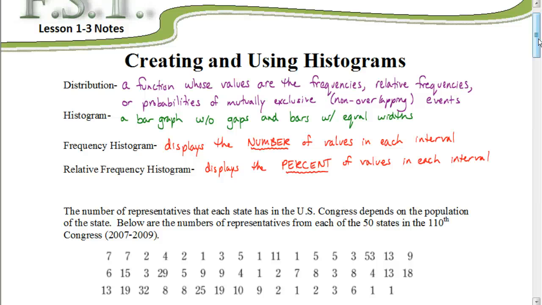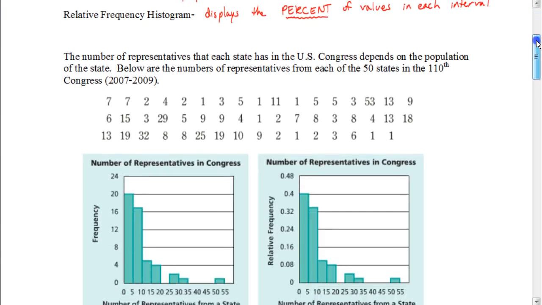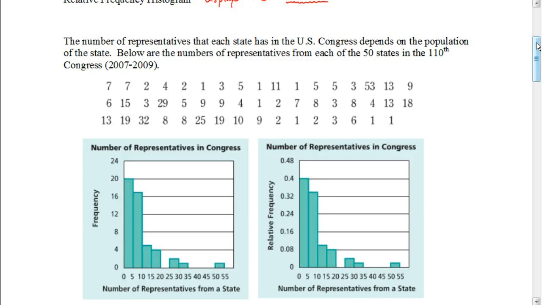Now, they've already created the histograms for us, so let's scroll down here. You can see that this first histogram is a regular frequency histogram, where the y-axis is represented as the number of values in each of these bins, or what we call the bars for the histogram.